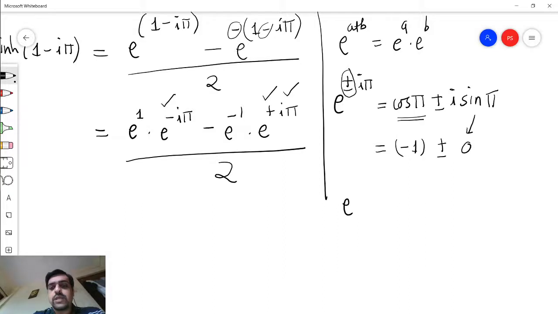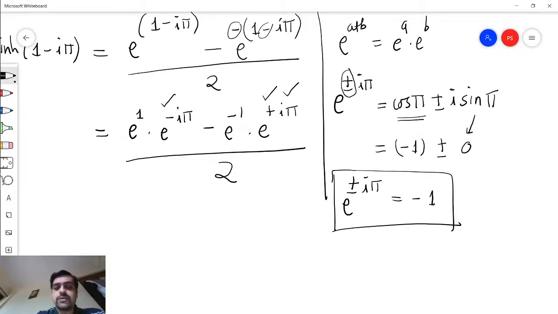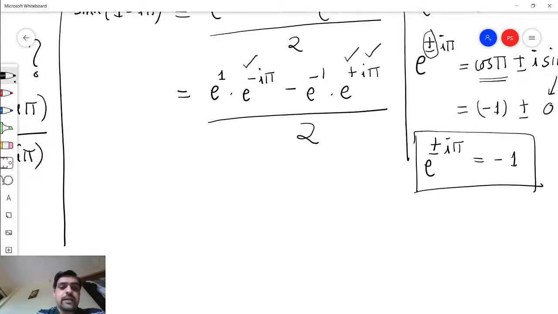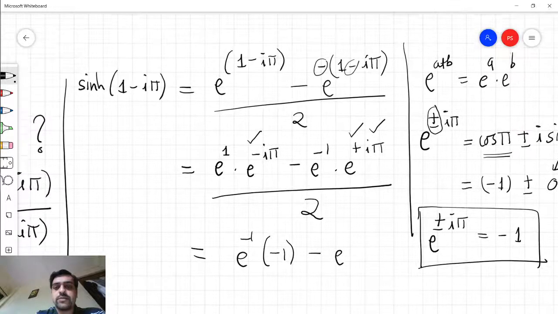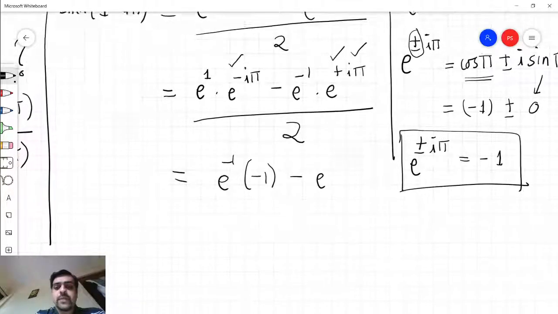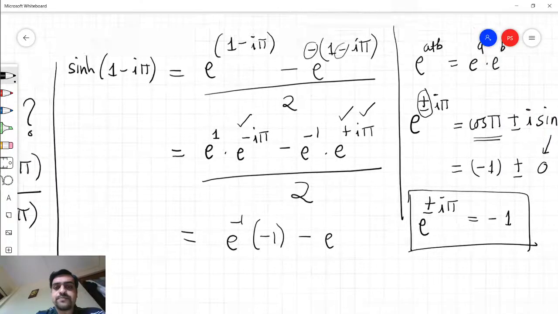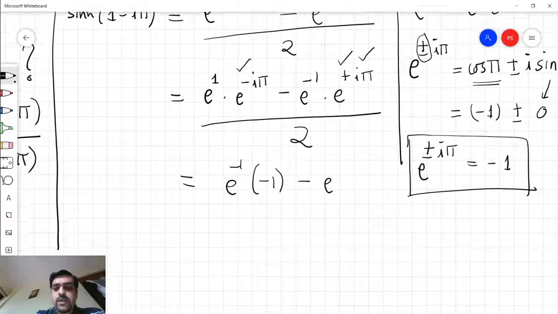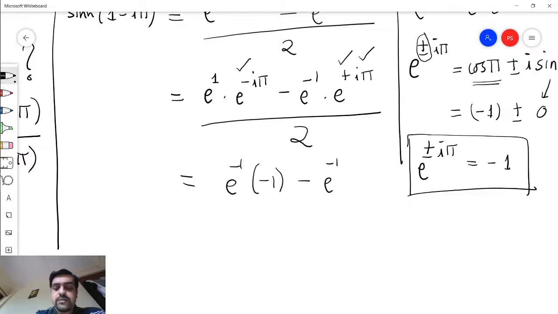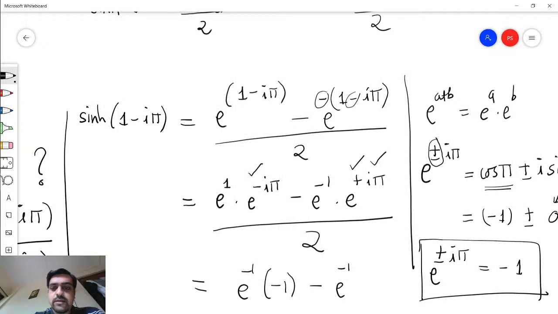So in both these cases e raised to plus or minus i pi is just minus 1. So let us use this here.